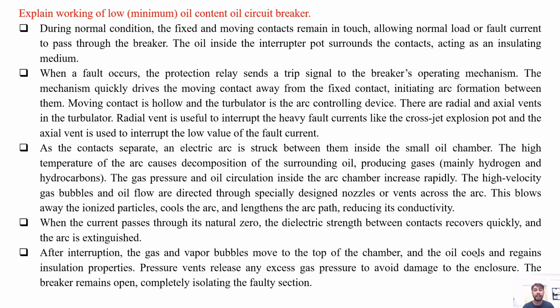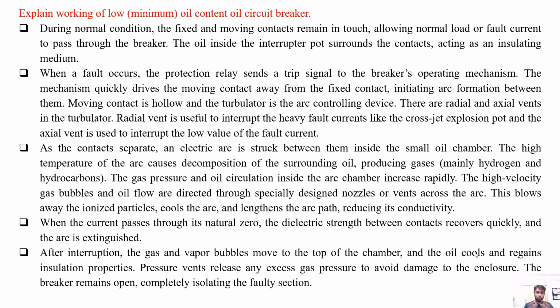Now, when the current passes through its natural current zero instant, the dielectric strength between the contacts recovers rapidly and the arc is extinguished. After the interruption, the gas and vapor bubbles move to the top chamber and the oil cools and regains its insulation properties. The pressure vents release any excess gas pressure to avoid damage to the enclosure or the breaker.